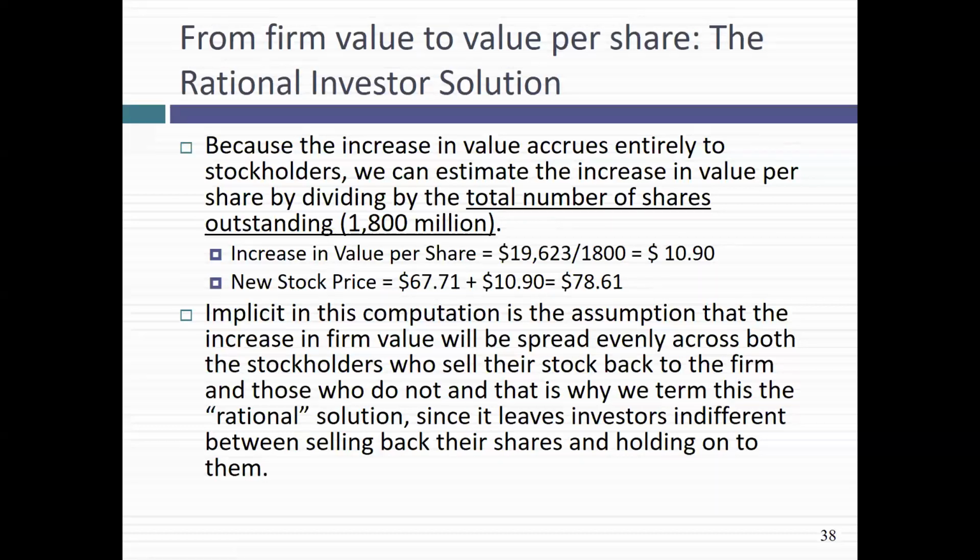So there are actually two different groups of people, those who are selling their stock back to us and those who are keeping it. It's not obviously the case that both of those people are going to see the exact same increase in value from this change, because what it ultimately depends on is how much we offer in the buyback.